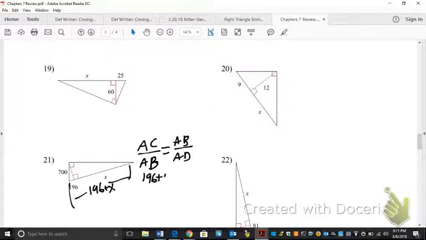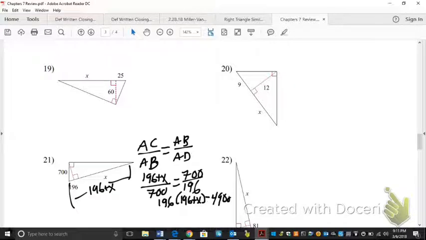So if I have 196 plus x over 700 equals 700 over 196. When I cross multiply, I get 196 times 196 plus x equals 700 squared. That's 490,000. Okay, now I'm going to do something a little different here.